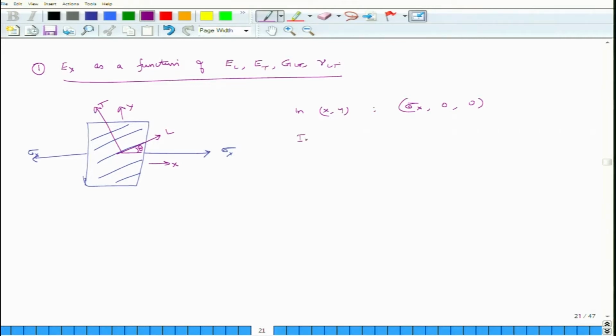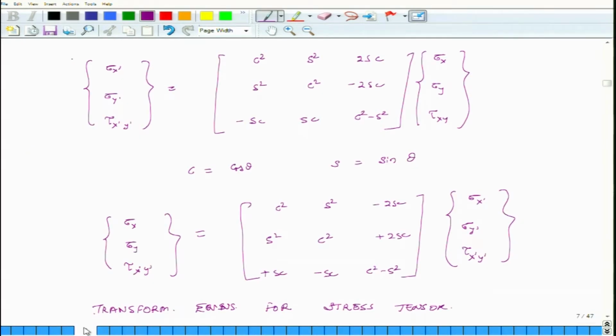In LT frame, what are the stresses? There will be sigma L, sigma T and tau LT. So, we have to transform sigma x in the LT frame, and we will use the transformation equations which we had developed earlier, using these stress transformation relationships.